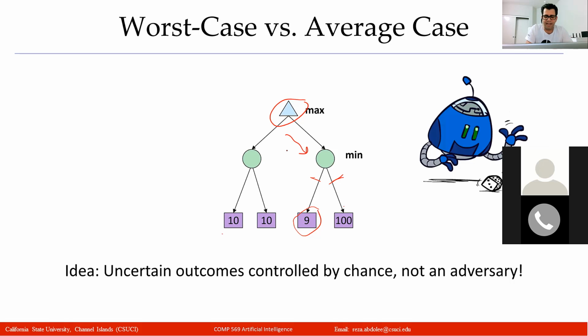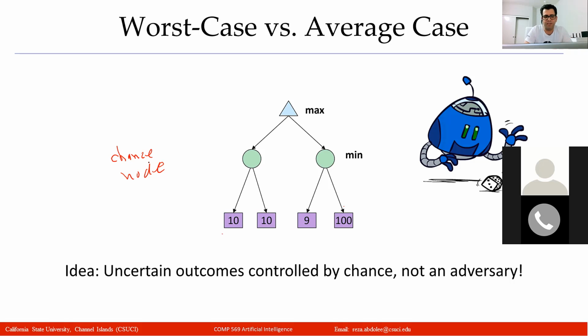All right, so now we replace the minimizer with the chance node. Previously we had a minimizer, now we call it a chance node. Since we are talking about uncertainties and randomness, there is going to be a notion of probability involved.